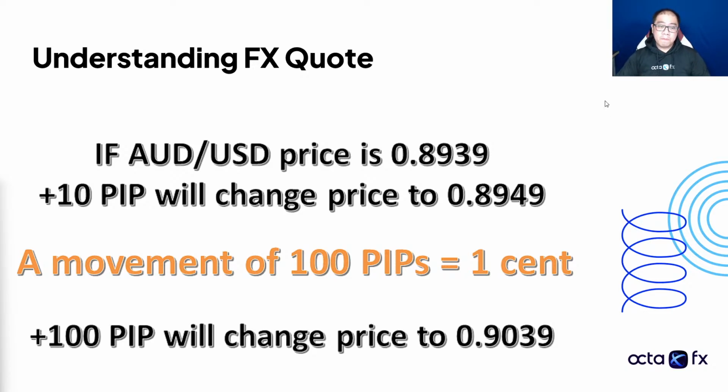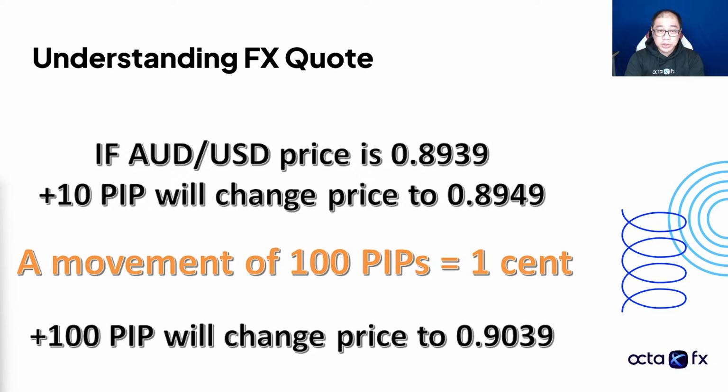Okay, so if the Aussie USD price is 0.8939, a 10 pip movement will change the price to 89.49. Yeah, so it makes sense. Taking a look at the fourth decimal point here, when we talk about a movement of 100 pips, that's 1 cent.